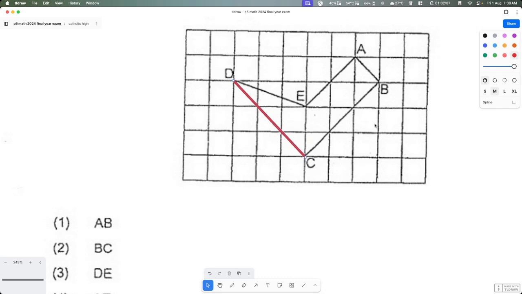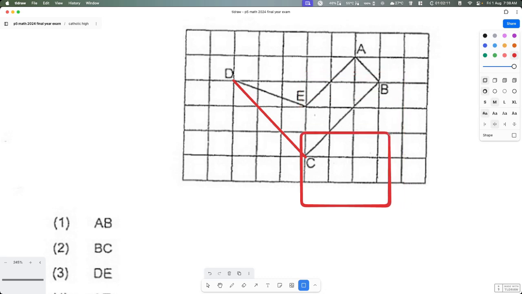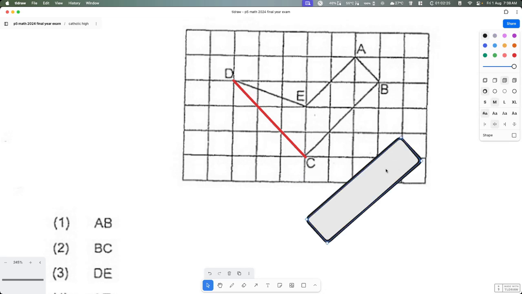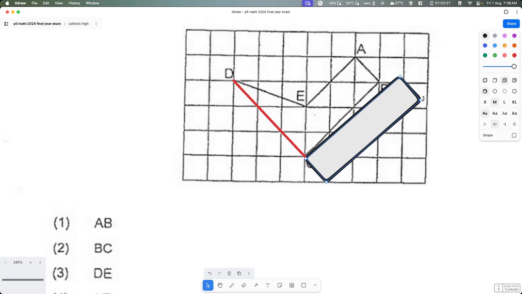If I have a simple ruler like this, it's a ruler, and this ruler over here is in gray color. What you can do is use your ruler, and put your ruler or two rulers together like this.